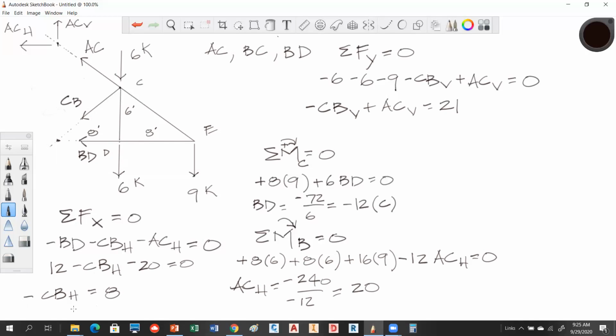So what is this saying right here? Negative CBH is 8, is that correct? If I multiply through by a negative 1, what does that tell me? It tells me CBH is actually negative.